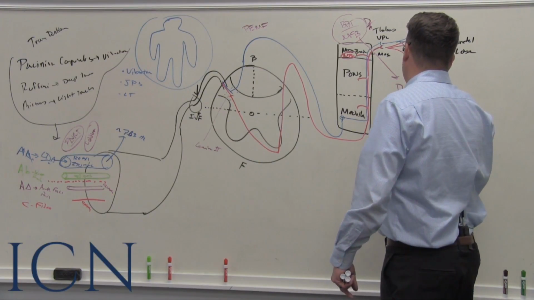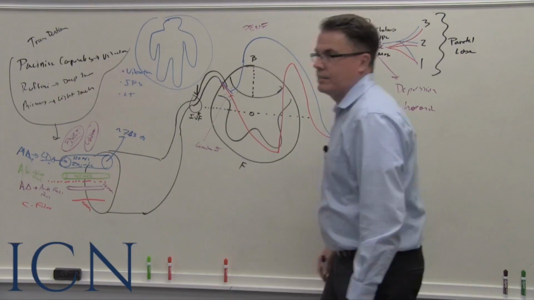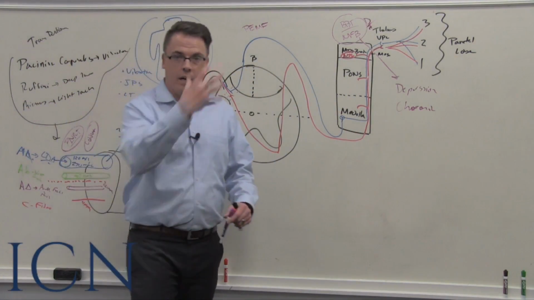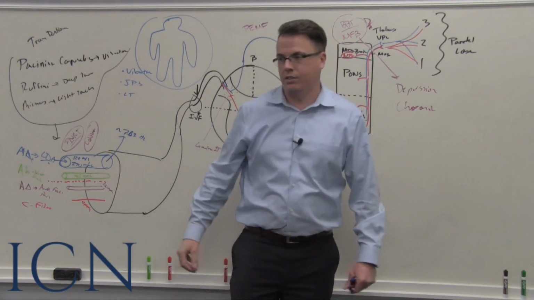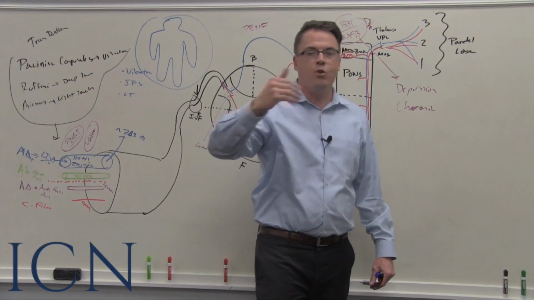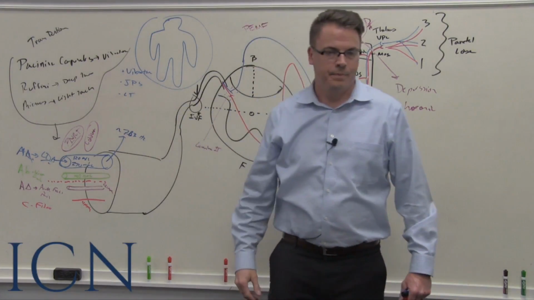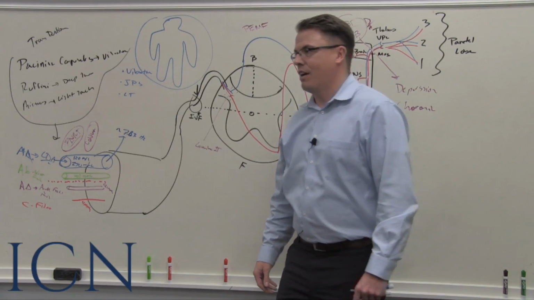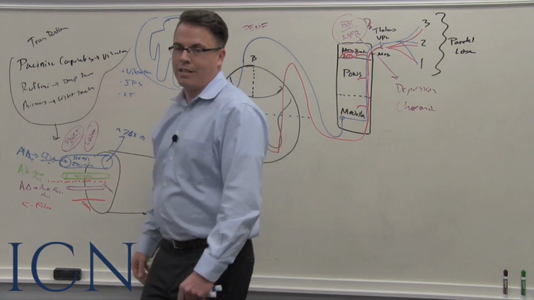Anybody want to know why depression and chronic pain go hand in hand? You have this part of your brain up here called your prefrontal cortex. This prefrontal cortex is what separates you from the animal kingdom. Pretty sure your dog or cat does not sit around all day worrying about its 401k and its retirement.